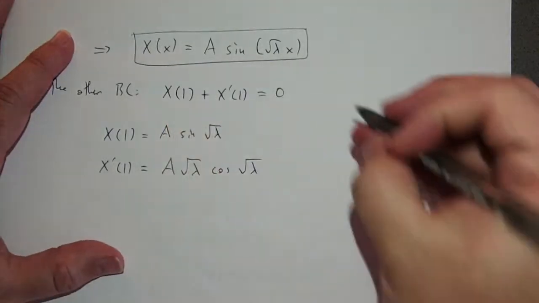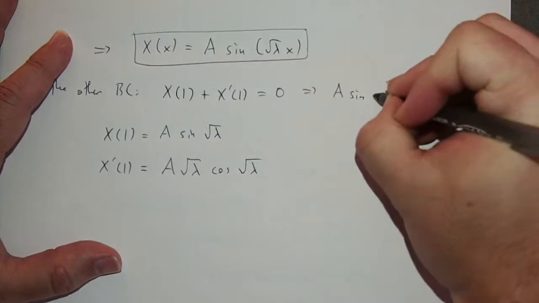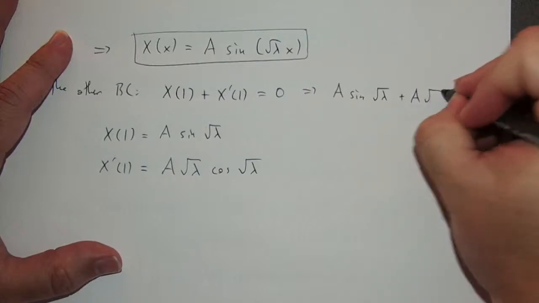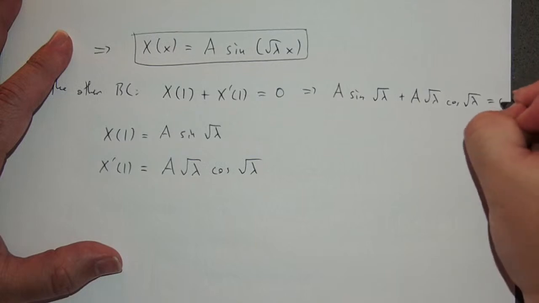So this condition implies that a sine square root lambda plus a square root lambda times cosine of square root lambda is equal to 0.